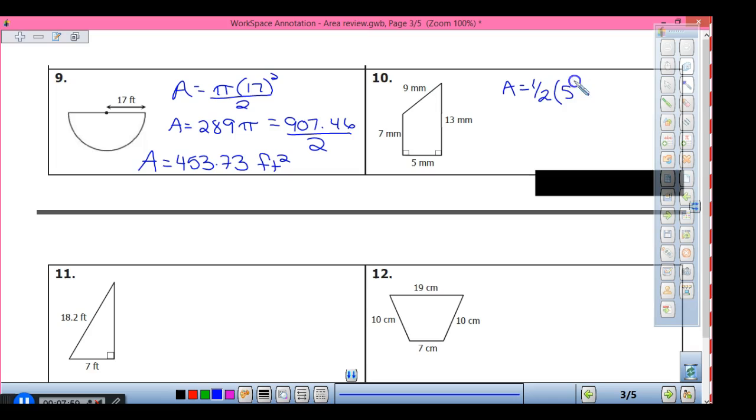So it's 1/2 times 5, and what are my 2 bases? 7 plus 13, so be careful with that. So it's 1/2 times 5 times 20. Area is 50 meters squared, yep.